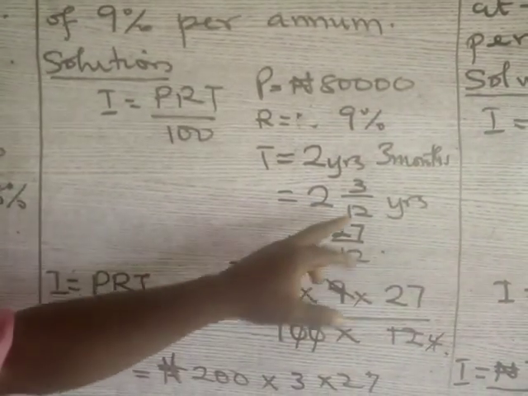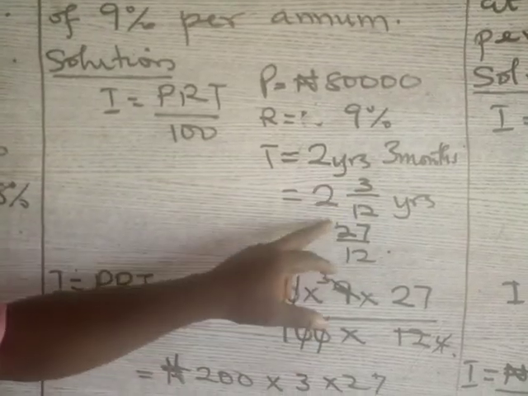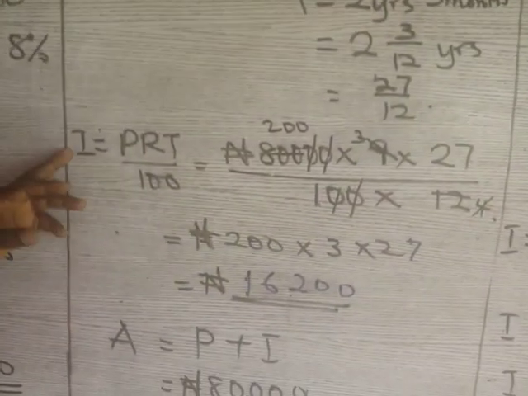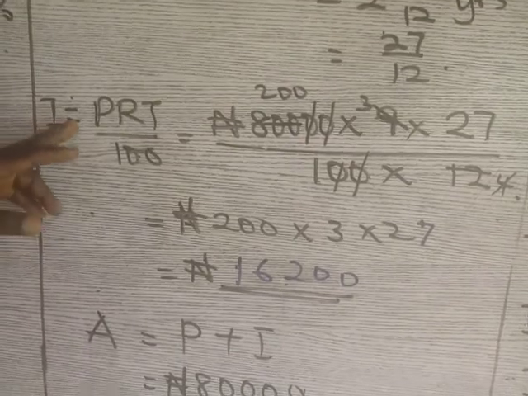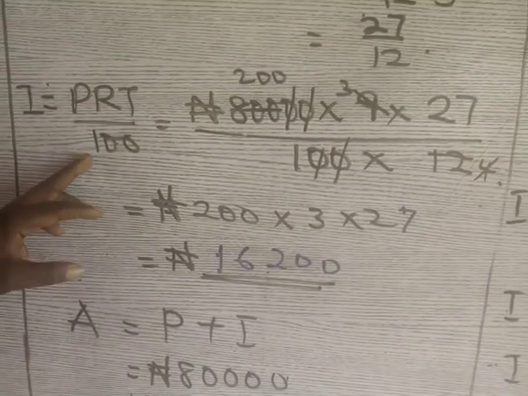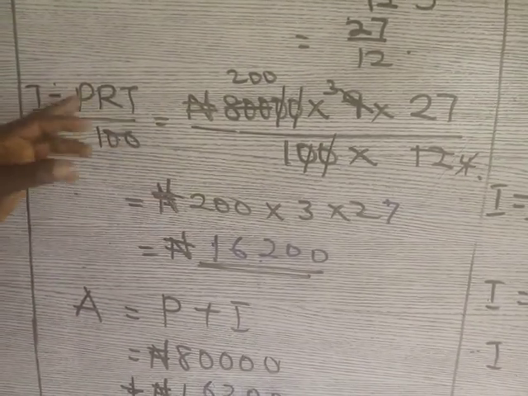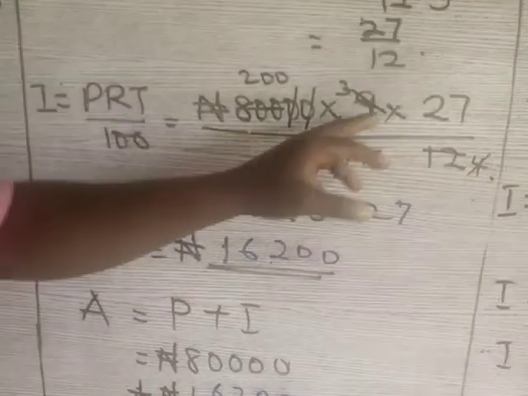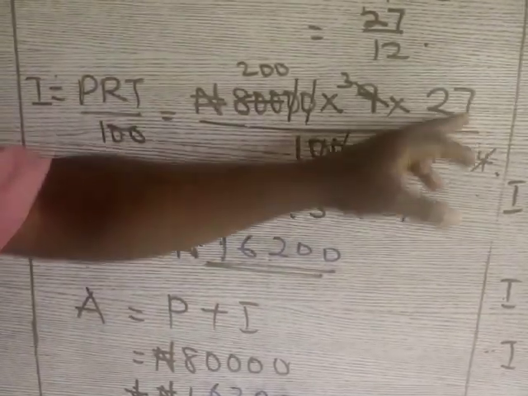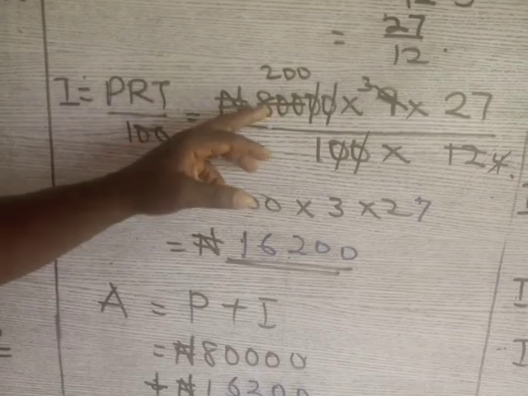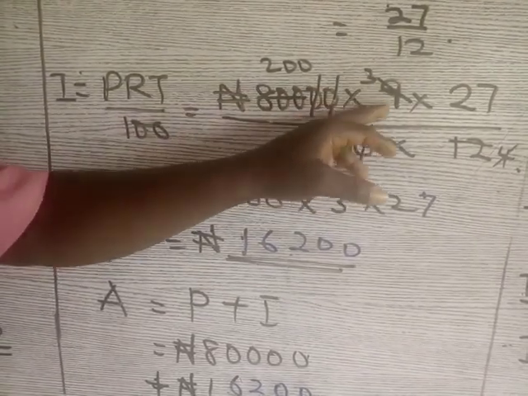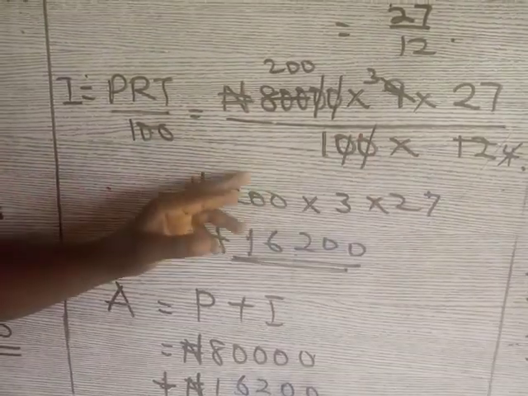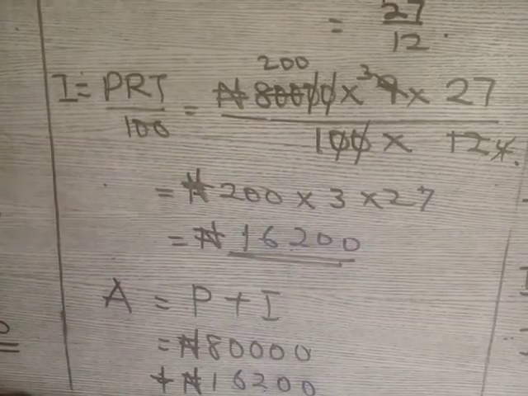That becomes 2 times 12, 24 plus 3, 27 over 12. So I, that is the interest, equals PRT over 100. That is P 80,000, rate 9, then the time 27 over 12. That becomes 80,000 times 9 times 27 over 100 times 12.